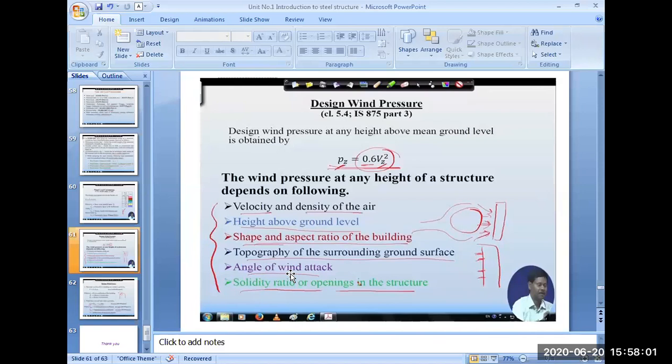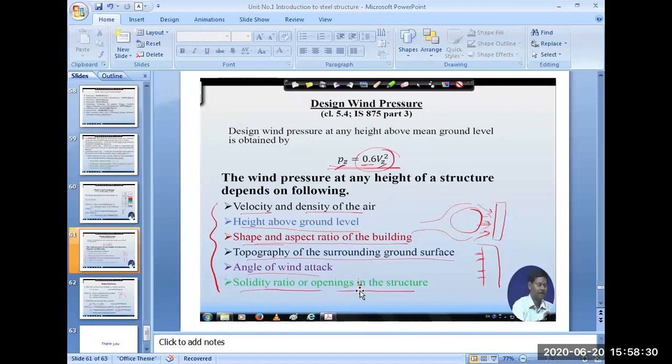Then some coefficients are there, and we have to learn those coefficients again in unit number 7. So this is the introductory part of unit number 7.